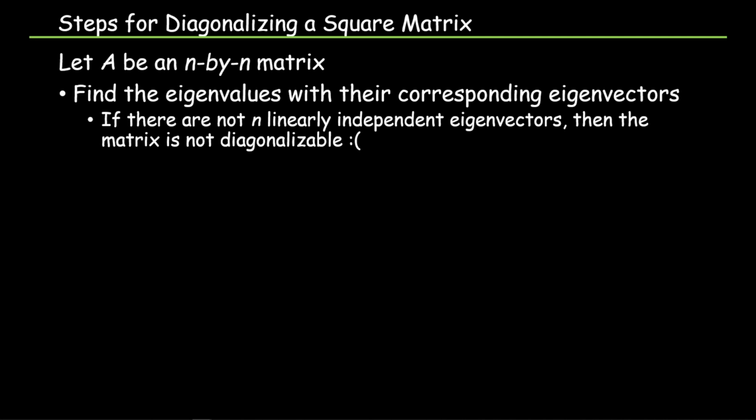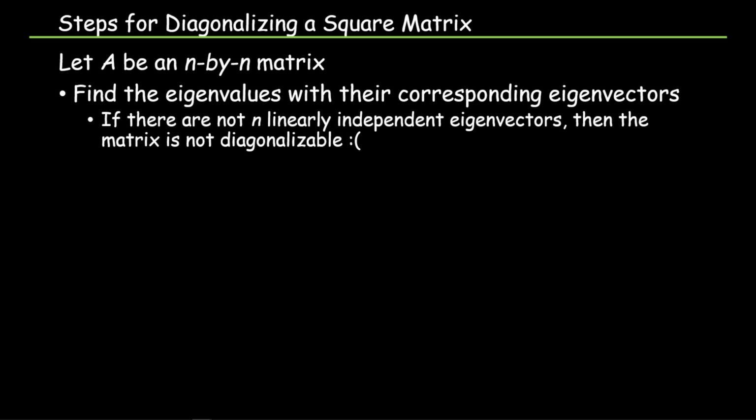If there aren't n linearly independent eigenvectors, then the matrix is not diagonalizable, and that matrix is what we call defective. Let's say that we have n linearly independent eigenvectors. Then we move on to the next step.